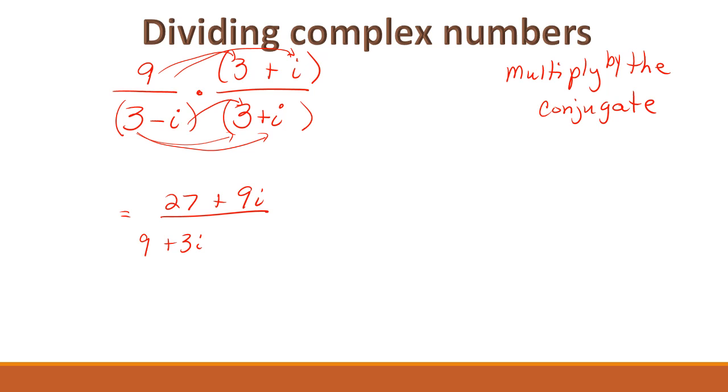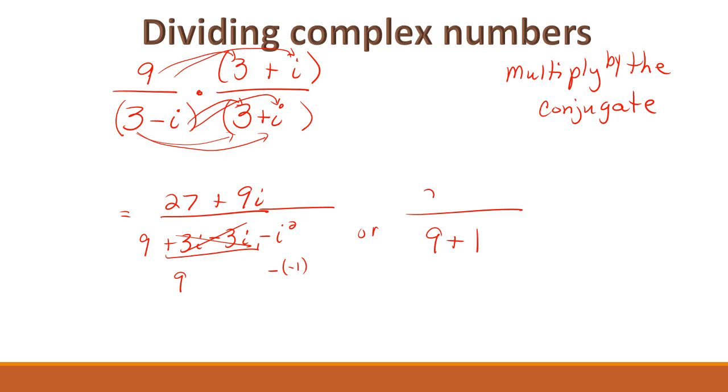Negative i times 3 is negative 3i. Negative i times positive i is negative i squared. Notice the middle terms will cancel out because they equal 0. And i squared is the same thing as negative 1. So I have 9 minus negative 1, or that's the same as 9 plus 1 in the bottom.